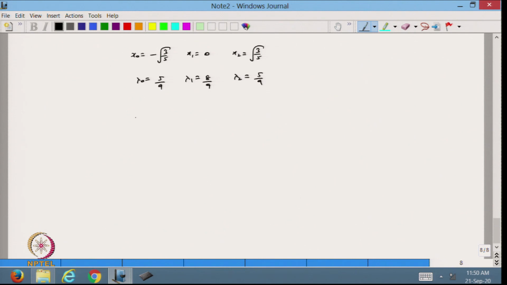So, from here we are able to find the value of all the 6 coefficients or the unknowns.